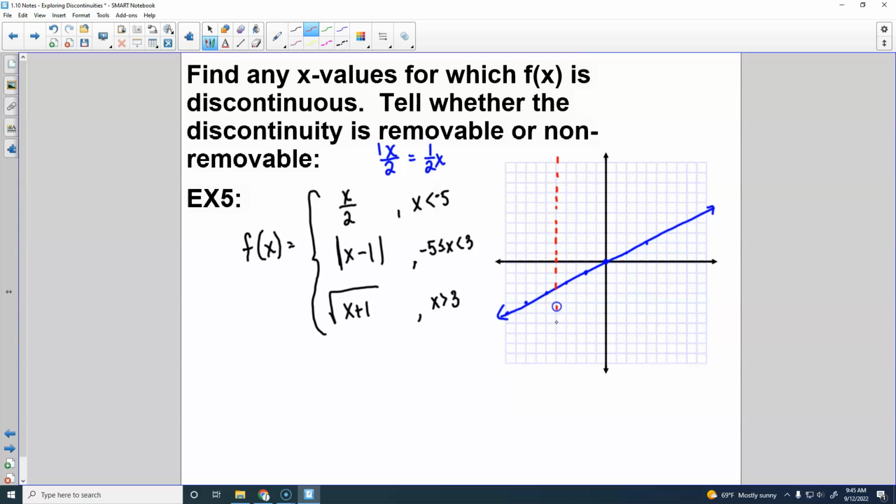This is not actually part of the graph, and I'm gonna cut off this graph right here. I only need to use the part to the left there. Should I use an open circle or a closed circle at the end of this graph right here? Open. Because I have a less than sign right there.